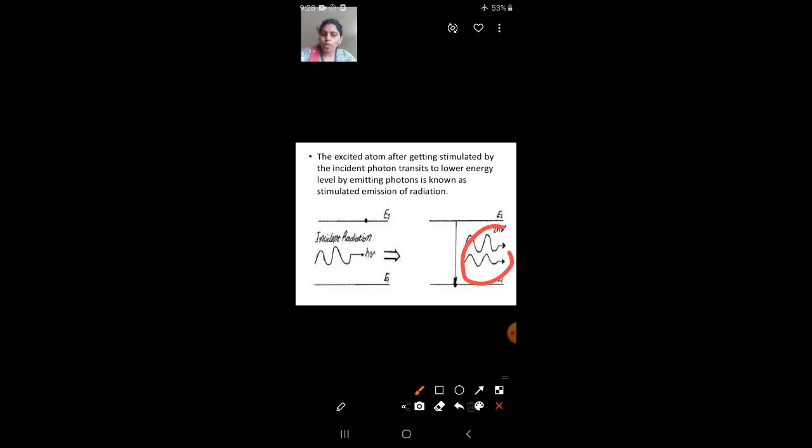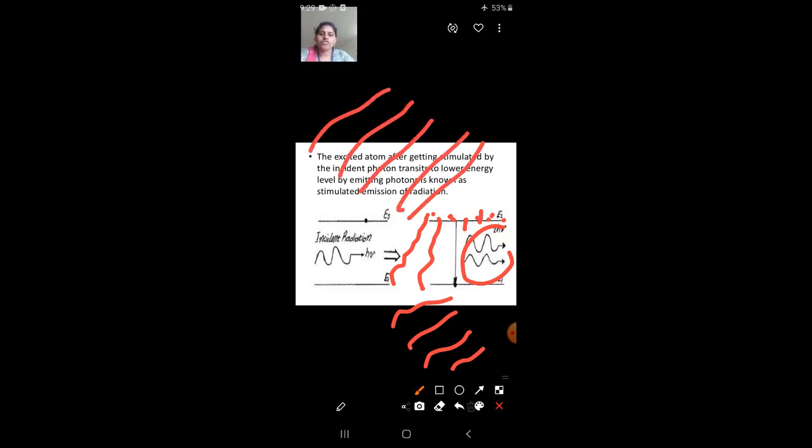There are many particles, so these two photons collide with, suppose, two particles, and they emit four photons. These four photons collide with four particles, and 8 photons are released.